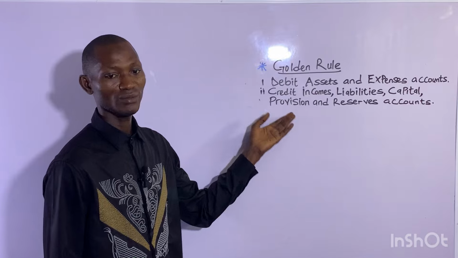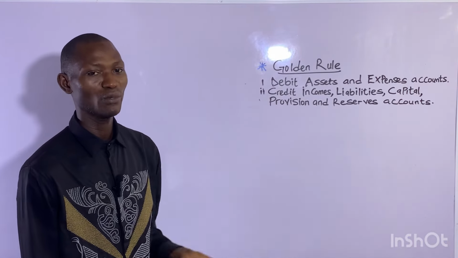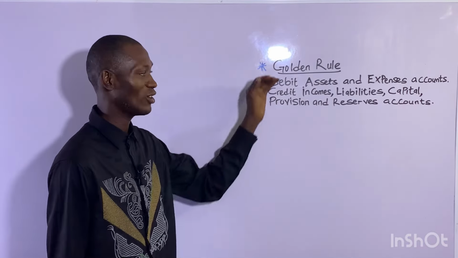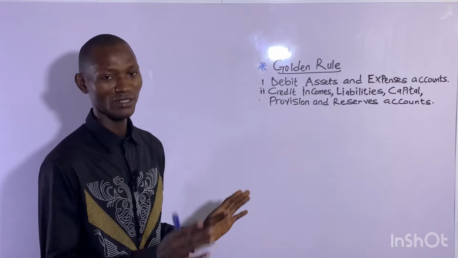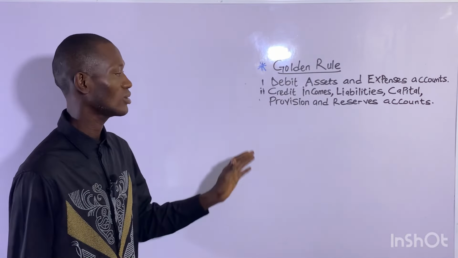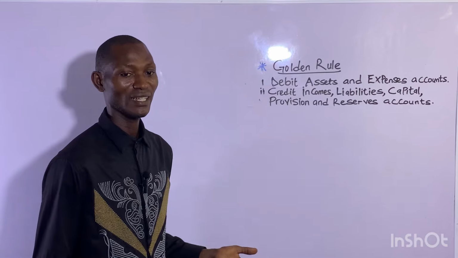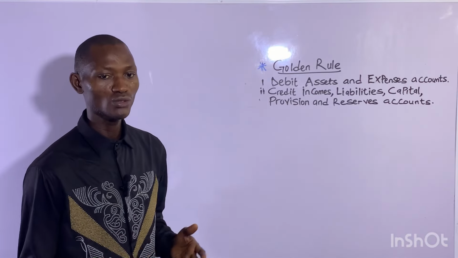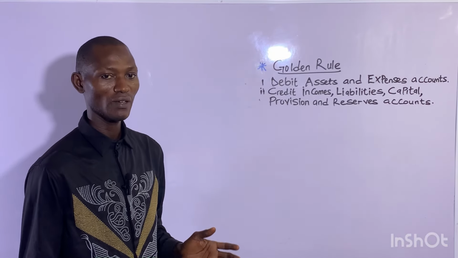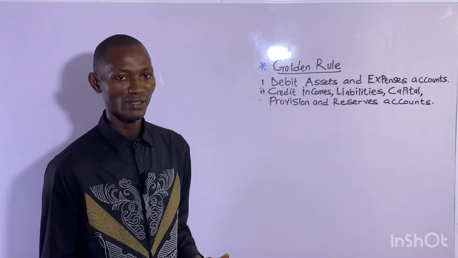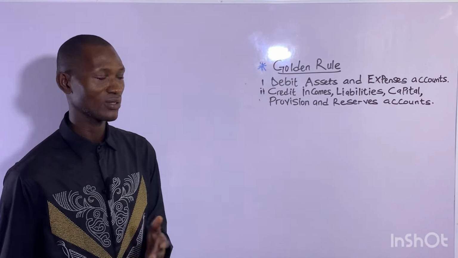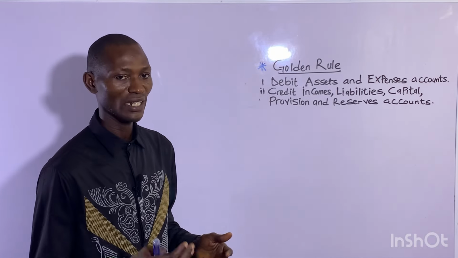Then provision. Provisions are part of profit. We are still going to be talking about all these in detail. So this is just a brief explanation. Provision is part of profits that is set aside for known contingencies or to cover for known losses or specific losses or loss in the value of an asset and all that.